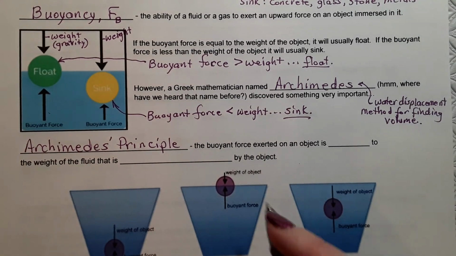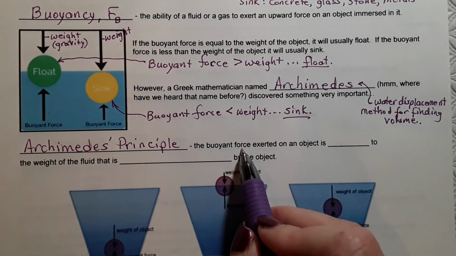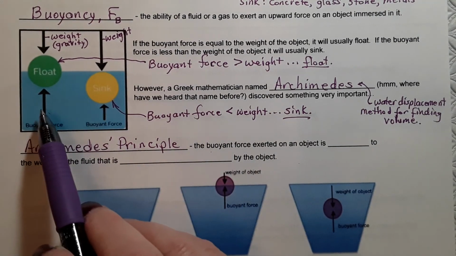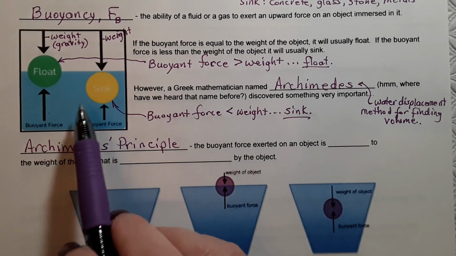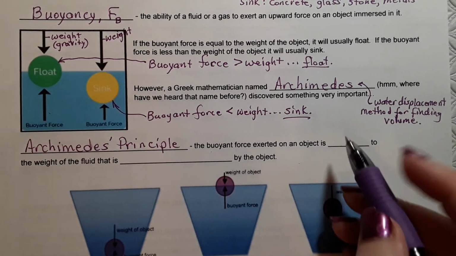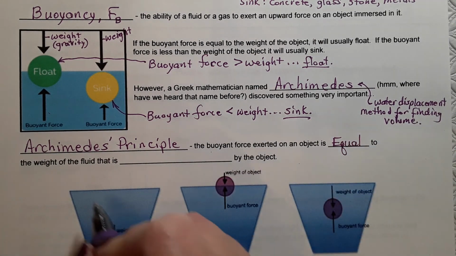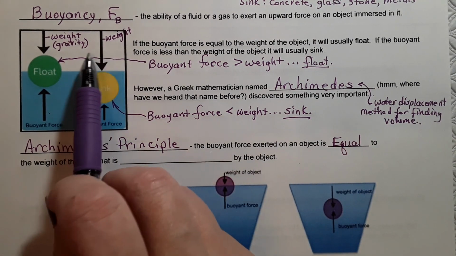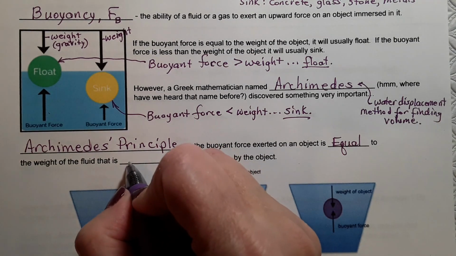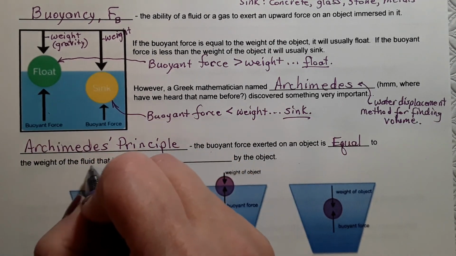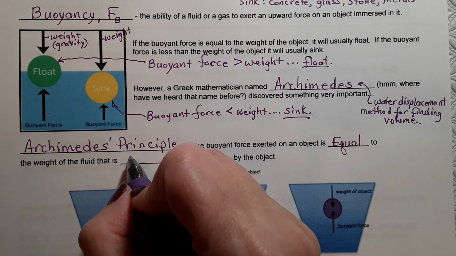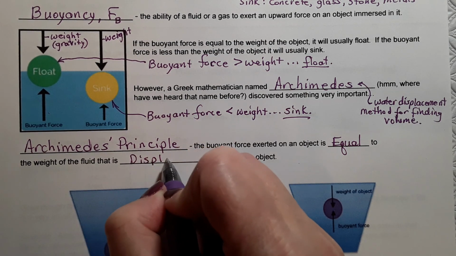Here's what he said. He said that the buoyant force, this force exerted by the fluid upward on the object, is equal to the weight of the fluid, in this case water, that is displaced by the object.